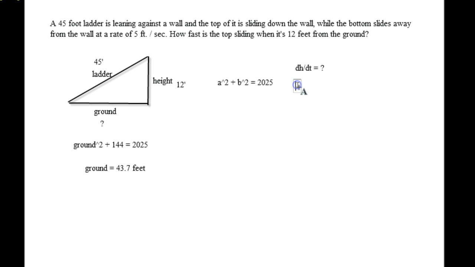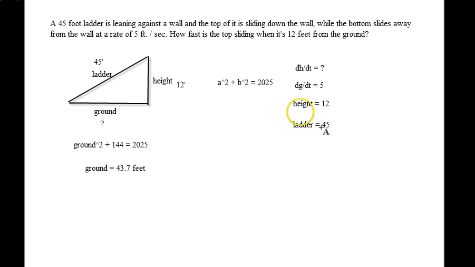We do know how fast it is sliding away on the ground, so dg/dt, and that is 5 feet per second. We also know the height is 12 feet, and the ladder length is 45 feet.